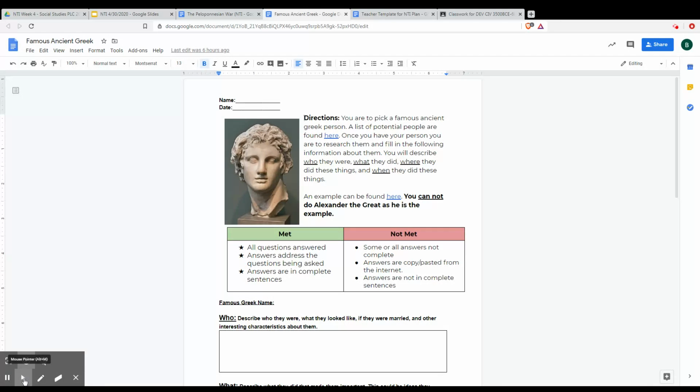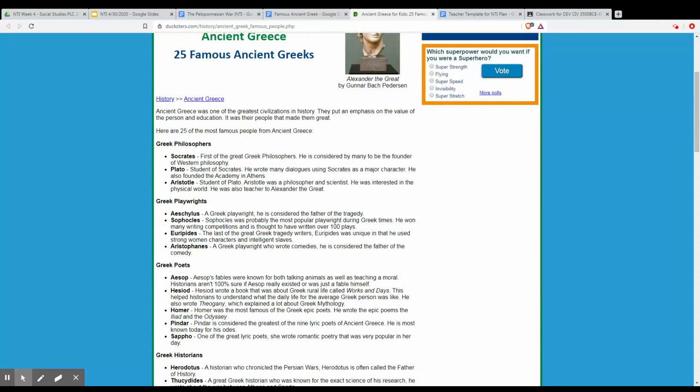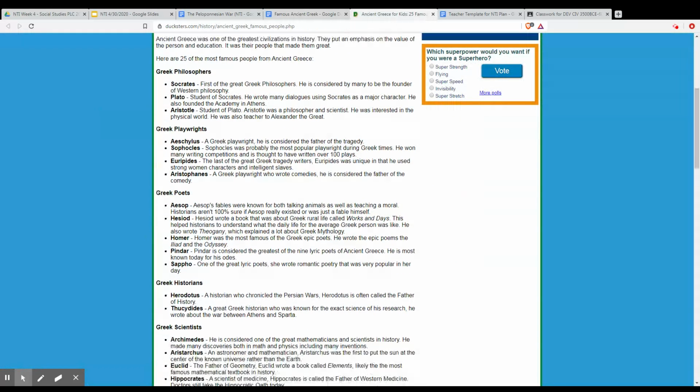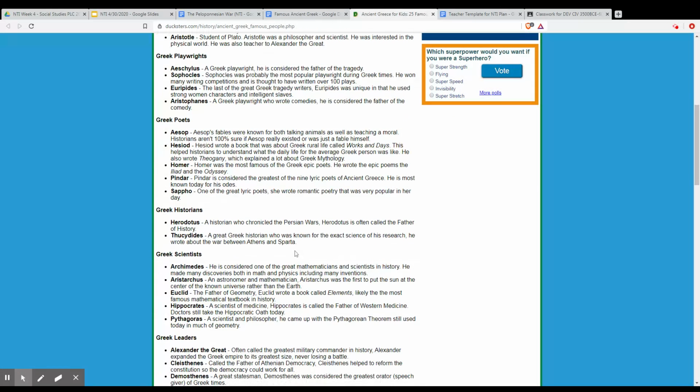So that's your other assignment. You're going to read these directions and follow them, and you're going to either pick an ancient Greek person you already know, or if you don't know one, you can click here, and it takes you to a list of famous ancient Greeks.